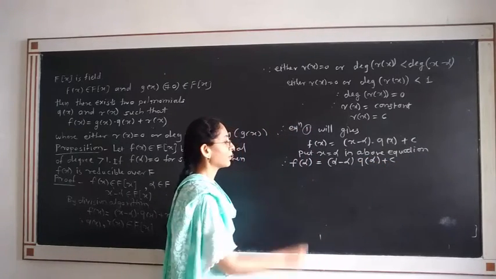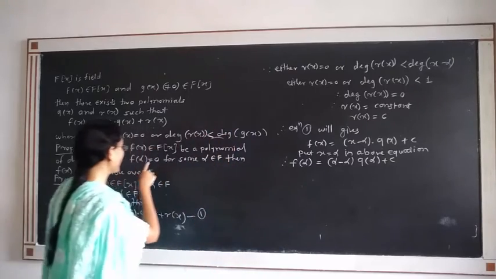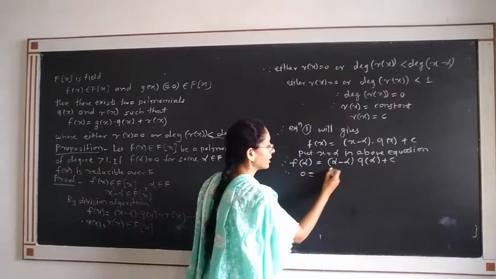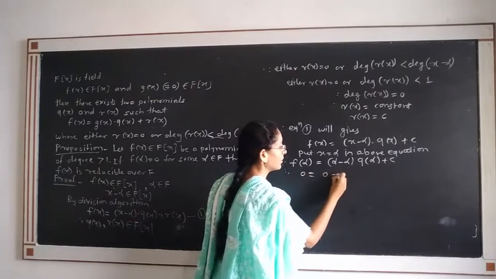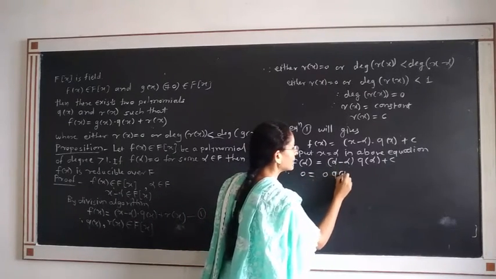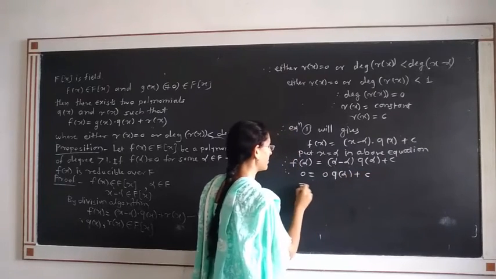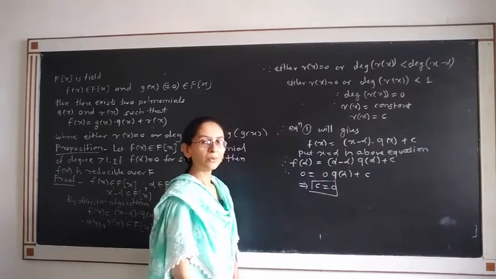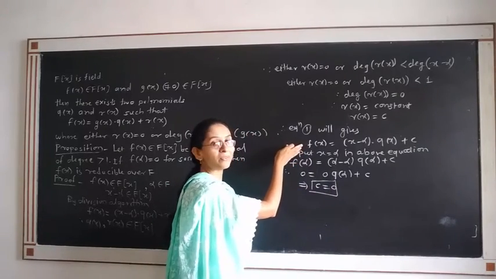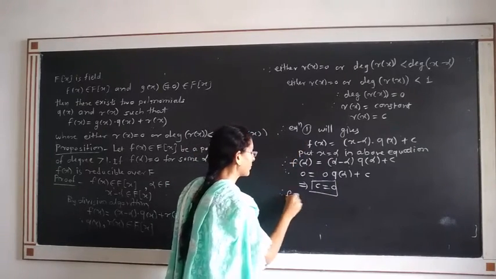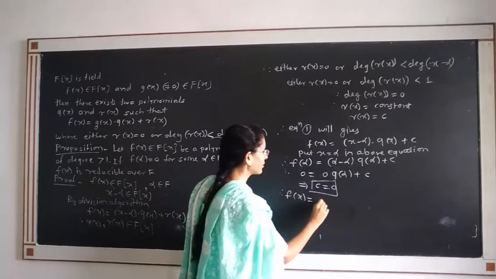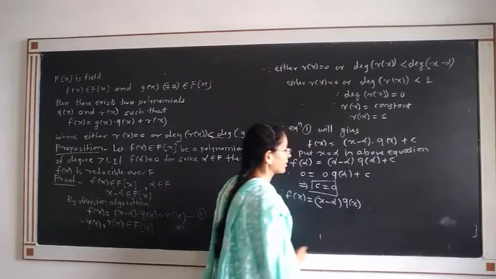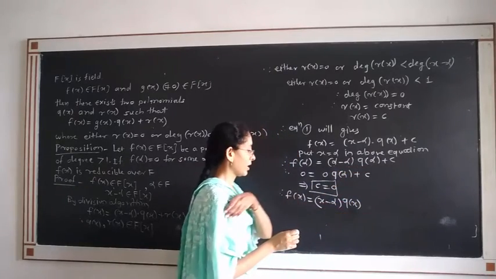Now, what is the value of f(alpha)? Given value is 0. Therefore, 0 is equal to alpha minus alpha, which is again 0, into q(alpha), plus c. This implies c is equal to 0. If c value is 0, then what will be the value of f(x)? Therefore, f(x) is equal to x minus alpha into q(x). The value of c is 0.